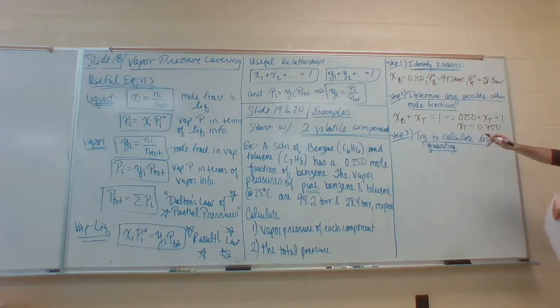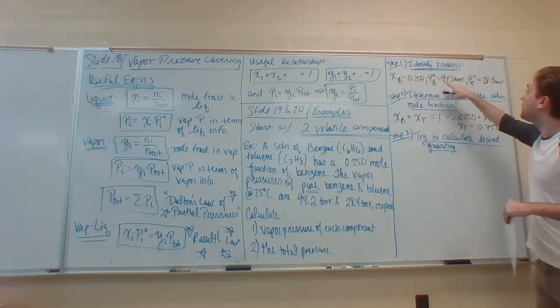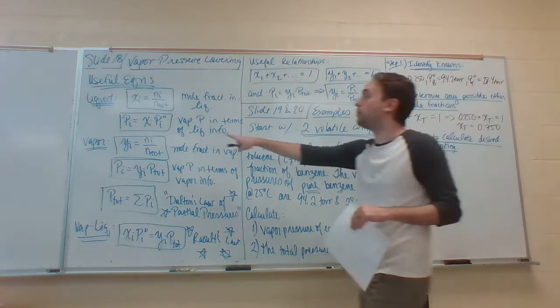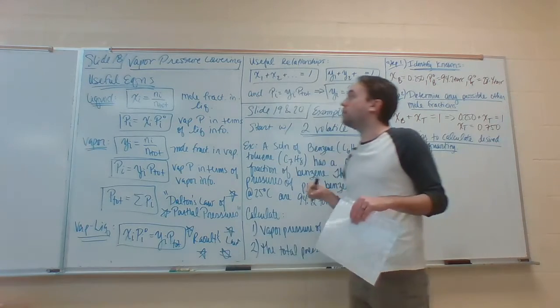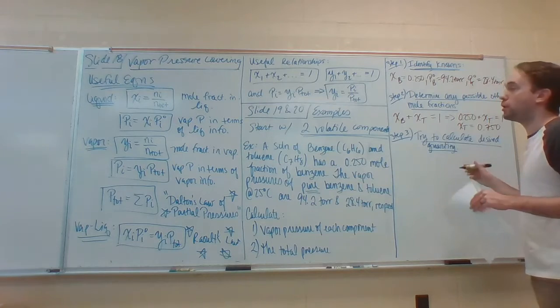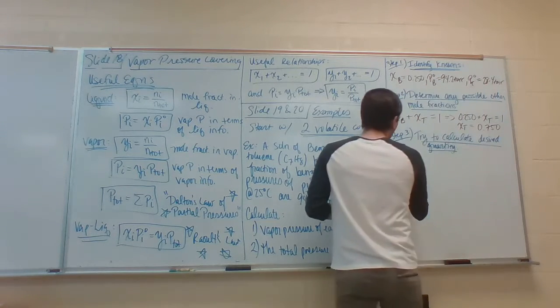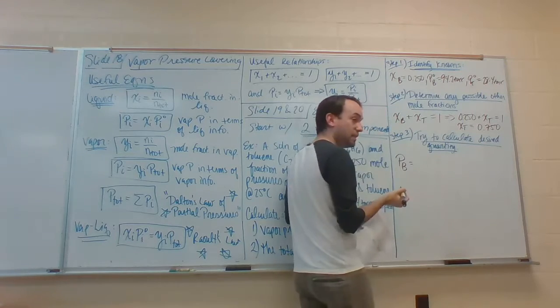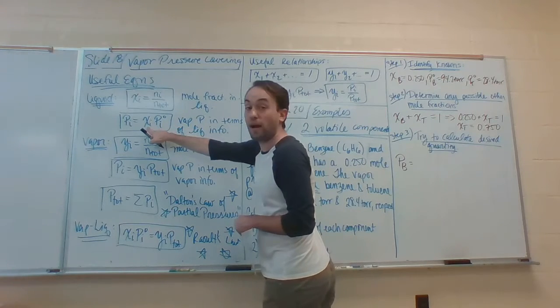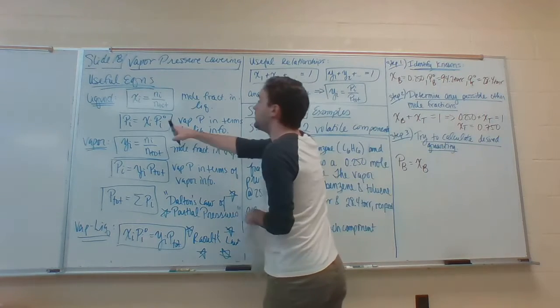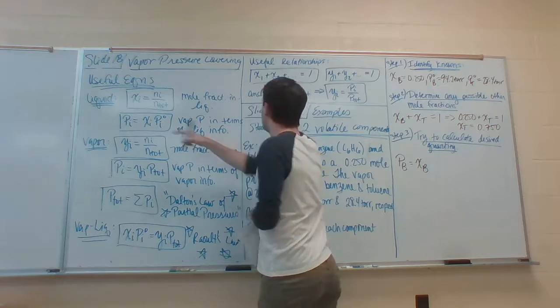Notice that we have a lot of information related to the liquid, so it's probably a good idea to use our partial pressure equation for the liquid. So if I want to find the partial pressure of benzene, it's simply going to be equal to my mole fraction of the benzene, XB, times my pure component vapor pressure for benzene.